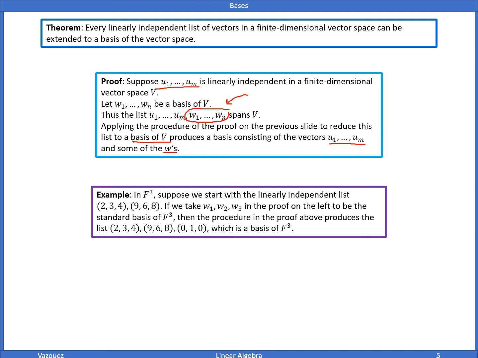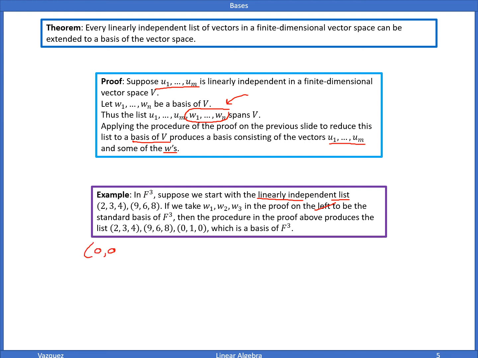So, an example, in F3, suppose we start with the linearly independent list (2, 3, 4) and (9, 6, 8). Again, those are linearly independent because they're not a scalar multiple of each other. Well, we take w1, w2, w3 in the proof above to be the standard basis of F3. So what's the standard basis?